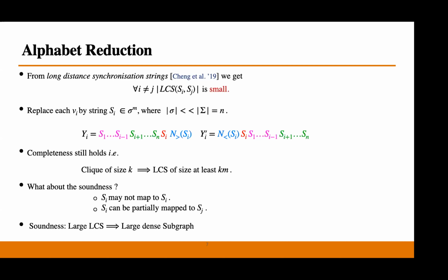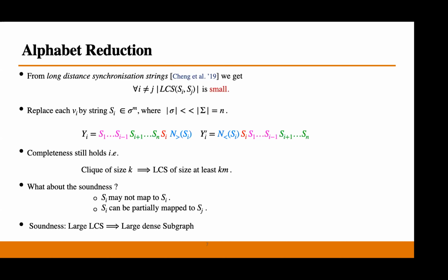Because of just the replacement of the strings, the mapping which was previously there between the strings Xi and Xj will still be there, and we get that a clique of size k implies an LCS of size at least k. But in the soundness, there are many issues. Some of them are that Si may not map to Si.